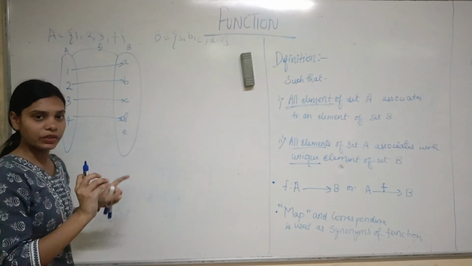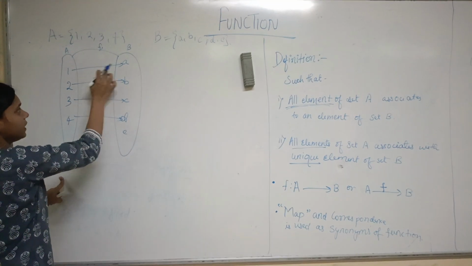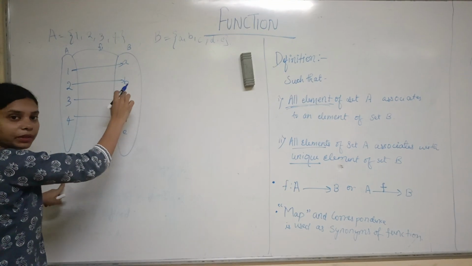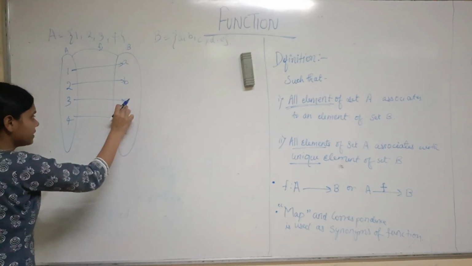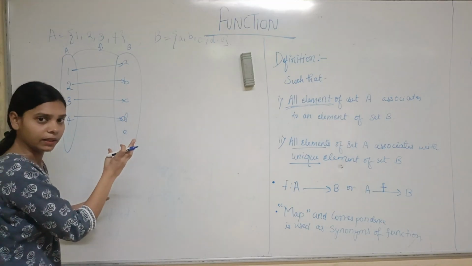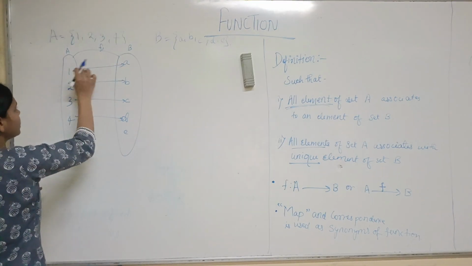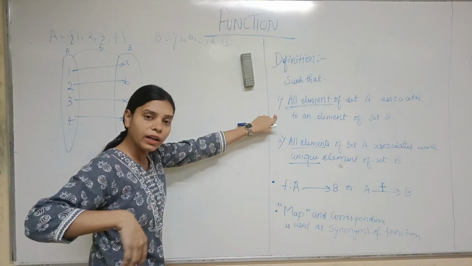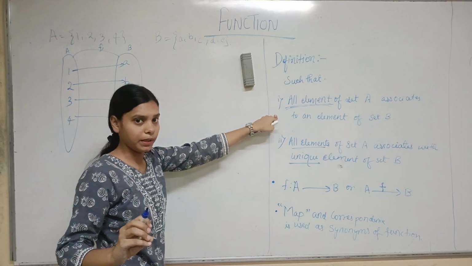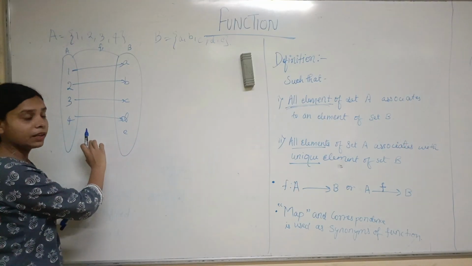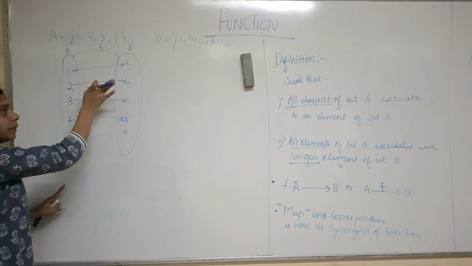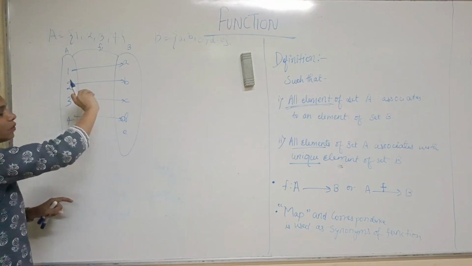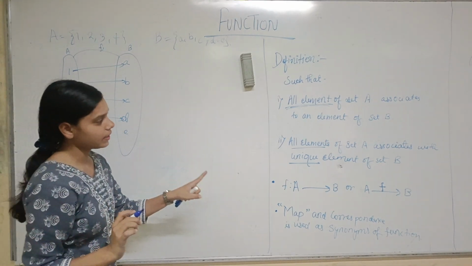Associate means connection. So 1 associates with A, 2 associates with B, 3 associates with C, and 4 associates with D. This is an association. The first point only says that all elements associate with set B. So this condition is satisfied because there is an association of all elements.